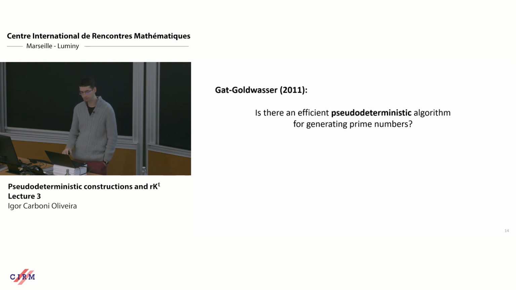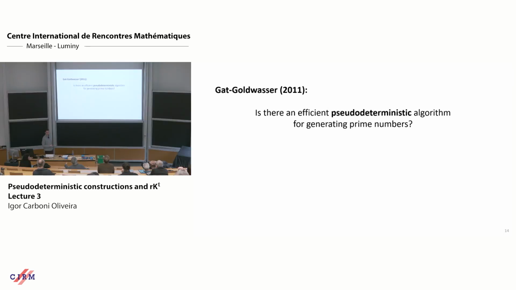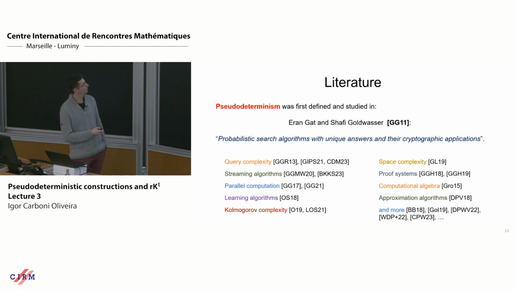Can you give some example of a pseudodeterministic algorithm which is not deterministic? Yeah, I'm going to give you one example in the talk. But there are many algorithms that have been designed. For instance, you want to find some bipartite matching in a graph in very efficient parallel time.